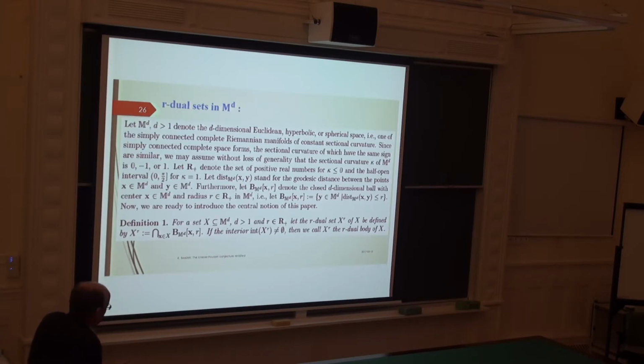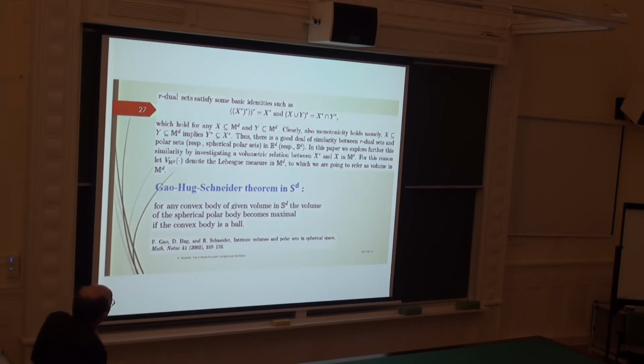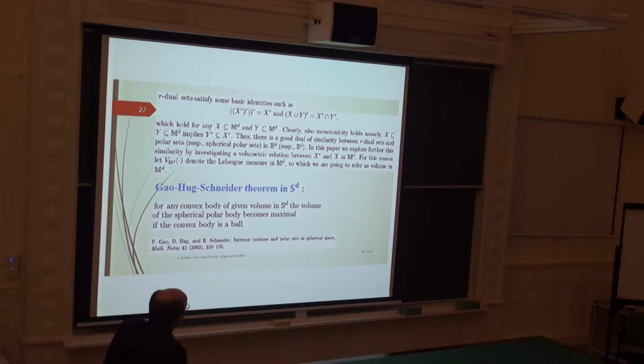Now, what do we know about these r-dual sets? Well, it's probably intuitively clear that this lies very close to spherical polars, or simply polar sets in the Euclidean case.